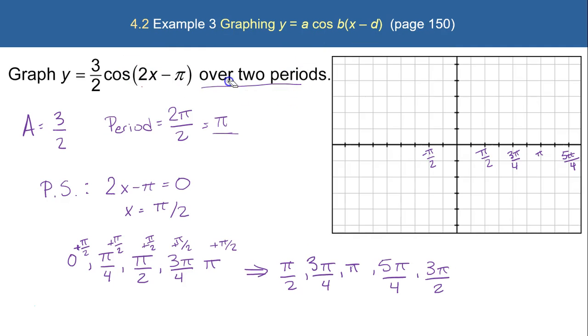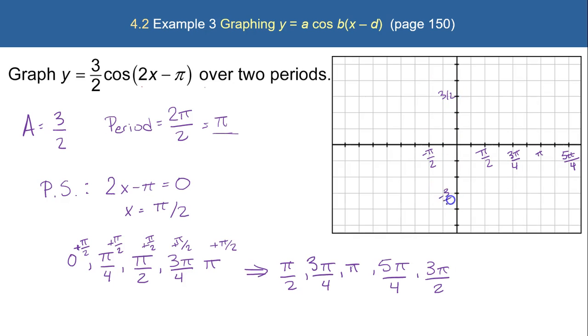Okay, so evaluate each of these x values for y by plugging your x value into your function. If you evaluate y using this x value, pi over 2, you should get positive 3 over 2. I'm going to say this is my 3 over 2 right here.